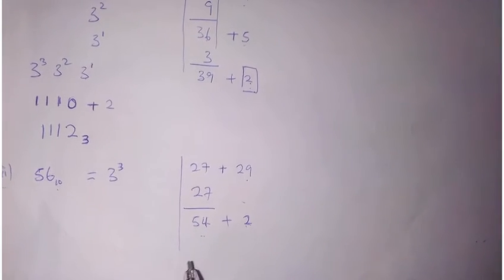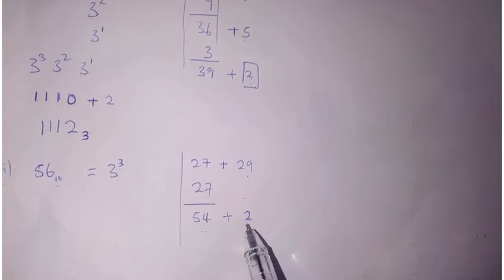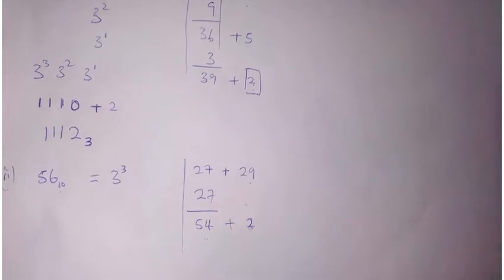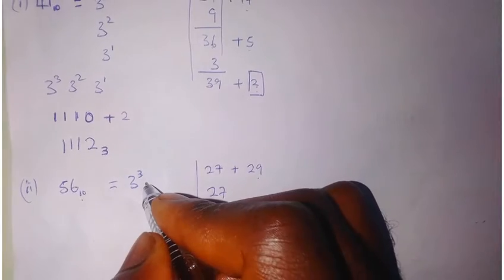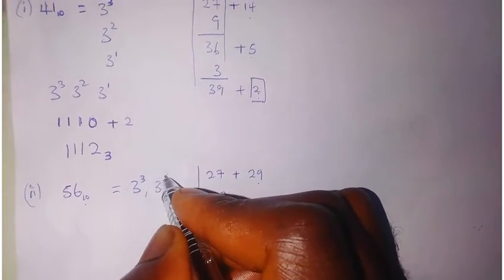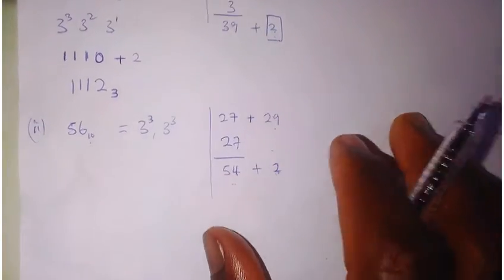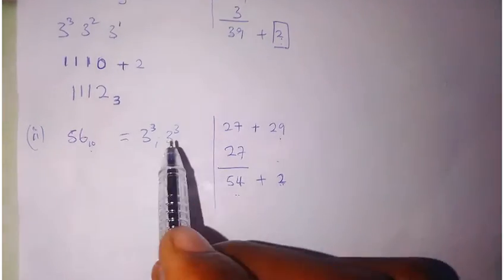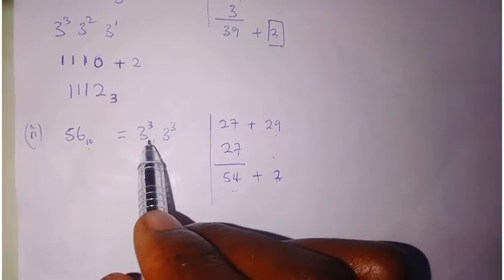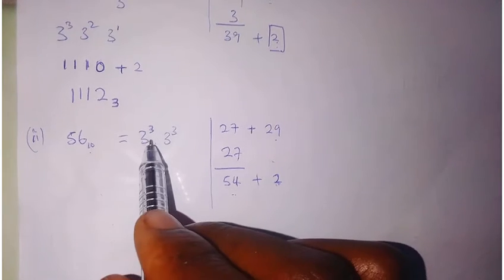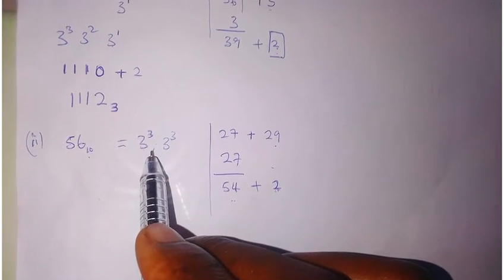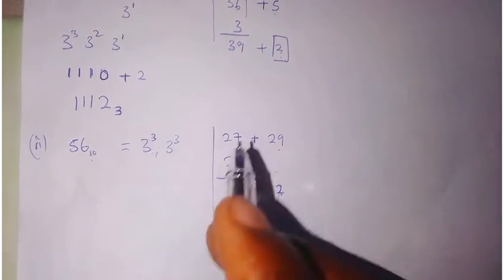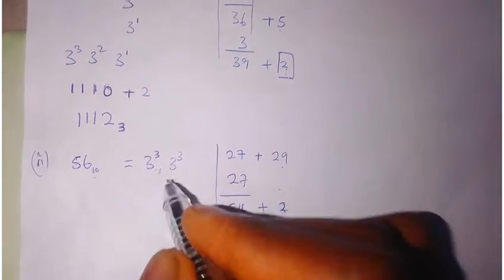Now what can I raise to power 3 to get to 2? Nothing, so I add another 3 raised to power 3. How will I do this one? If I have more than one 3 raised to power with the same power, what I'll do is add them together.